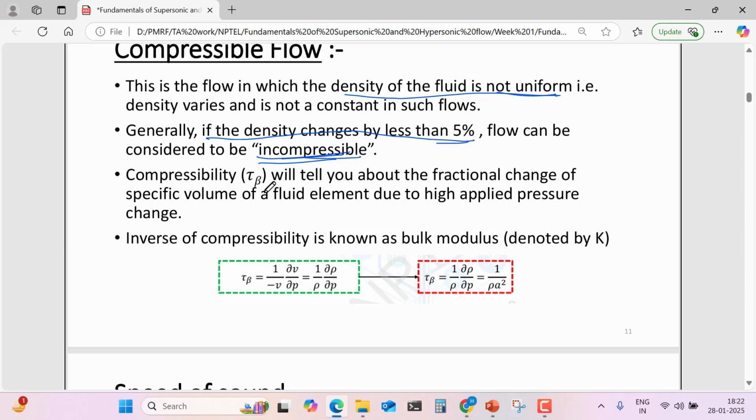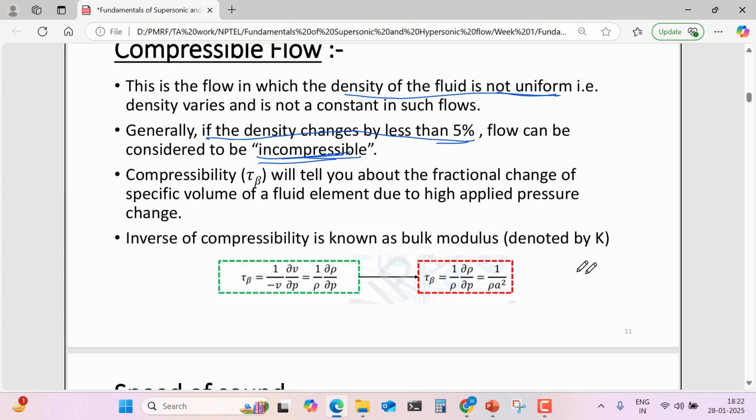We defined compressibility using one constant, tau beta, compressibility, which tells about the fractional change of specific volume of the fluid element due to a applied pressure change. The inverse of this compressibility is also known as bulk modulus. So what is the definition? Fractional change of the specific volume of the fluid element due to applied pressure change.